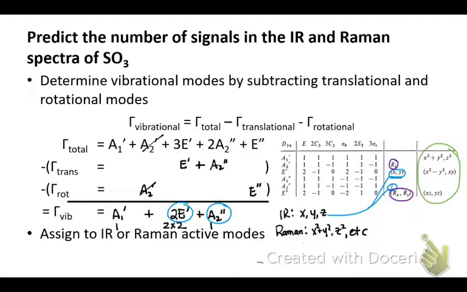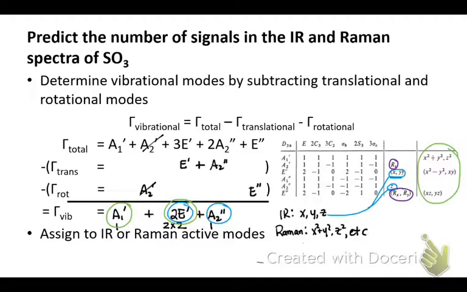So if we look at our vibrational modes, we see that A1 prime will be Raman active because it has the same symmetry as x squared plus y squared or z squared. The E prime modes will also be Raman active, so that'll be in both spectra. But the A2 double prime has no function in that rightmost column, so it will not be in the Raman spectrum. So we're going to expect to see 3 signals in the Raman spectrum, 3 signals in the IR spectrum, and 2 of those signals are going to be at the same energy, representing the E prime modes, and 2 of them are going to be different.